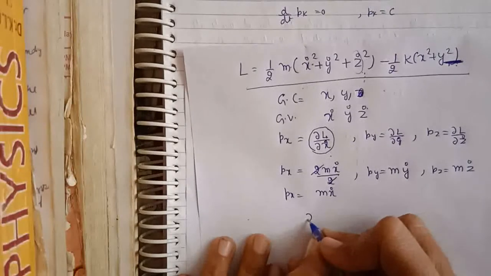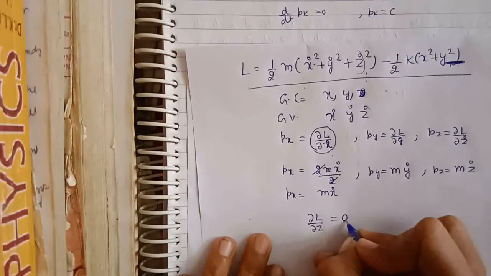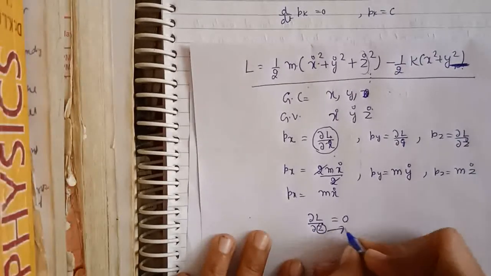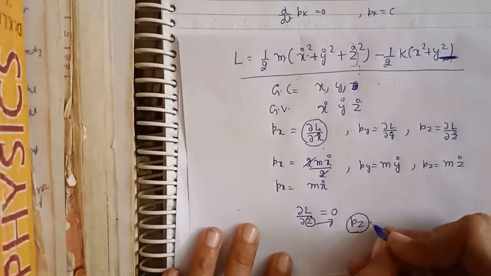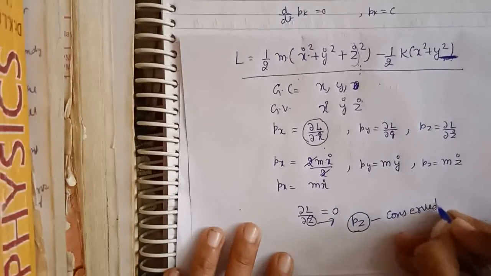So del L by del z is equal to 0, and its conjugate momentum pz is conserved during the equation of motion.